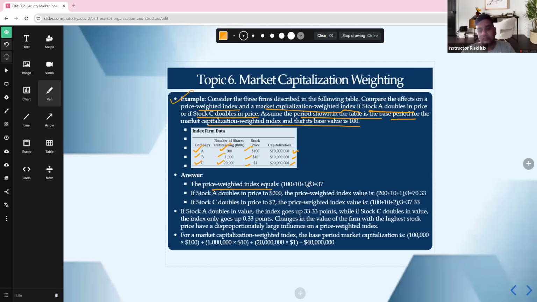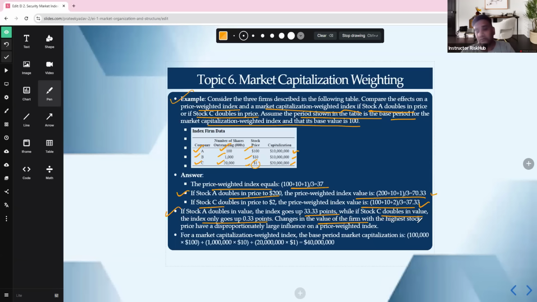The price weighted index equals such and such. If stock A doubles in price to 200, the price weighted index is equal to this. If stock C doubles, it is only this much. If stock A doubles in value, the index goes up 3.3 points, while if stock C doubles in value, the index only goes up 0.33 points.